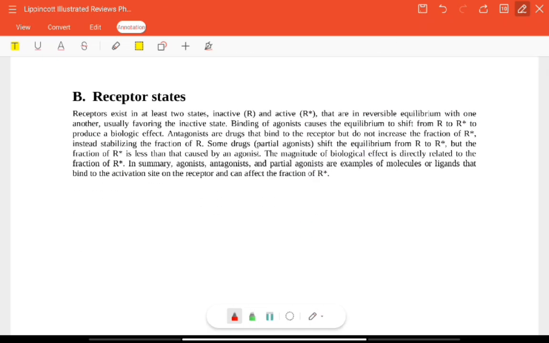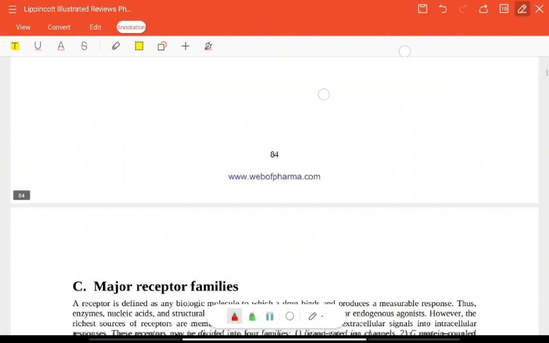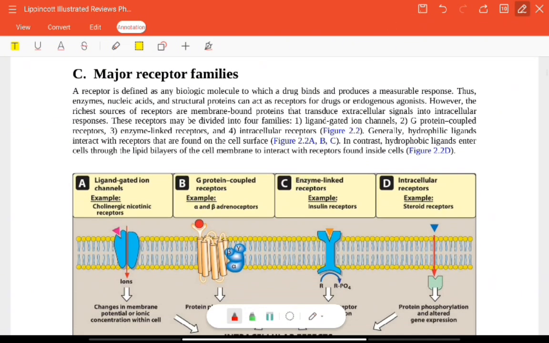Receptor states are either inactive or active, and they have a reversible equilibrium. If they are inactive, they can become active. We'll just go through it fast and see the main things.